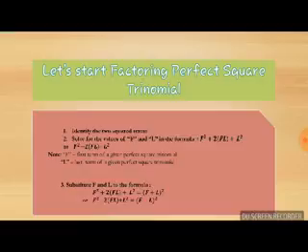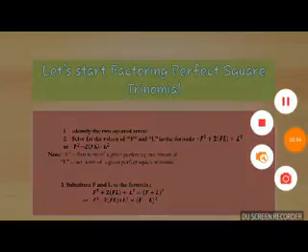And the third step is substitute f and l to the formula. F squared plus 2fl plus l squared is equal to the quantity f plus l squared, or f squared minus 2fl plus l squared is equal to the quantity f minus l squared.